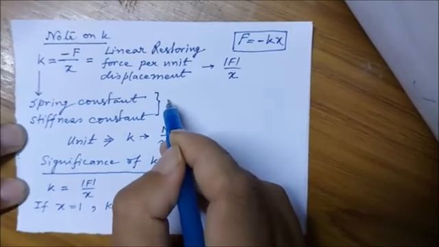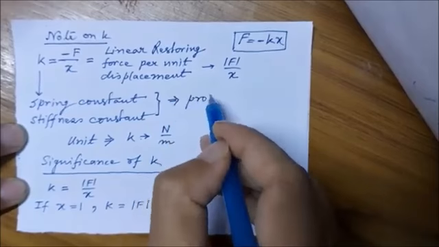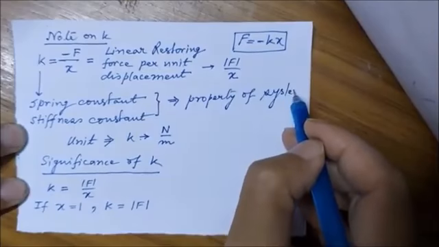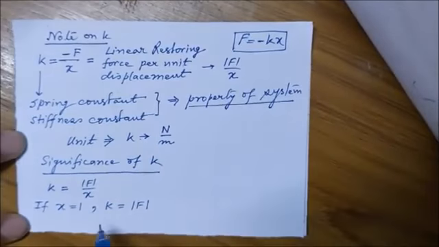The spring constant or stiffness constant is a property of the system, just like mass, charge, etc. Clearly, if a system has large k, then to produce unit displacement, the amount of applied force should be large. This is because the system tries to retain its individuality. The system tries to oppose our attempt to deform it. In other words, the system is more elastic. So k large means elasticity of the system is large.